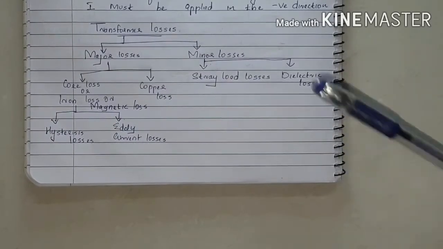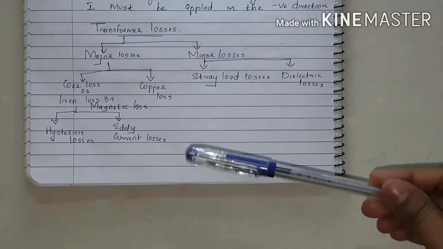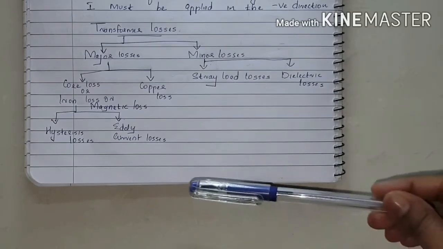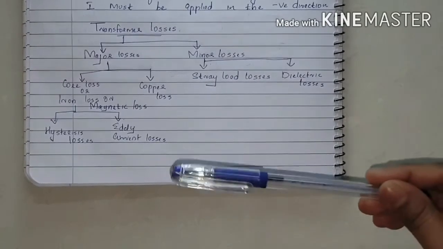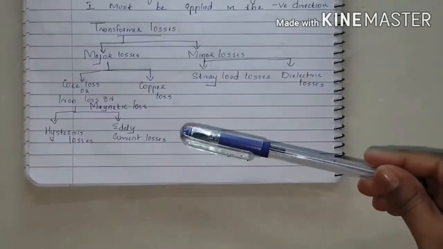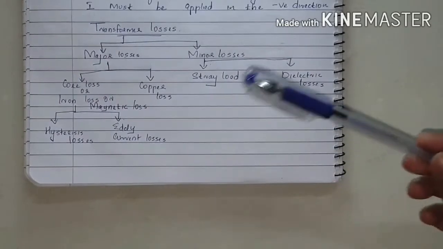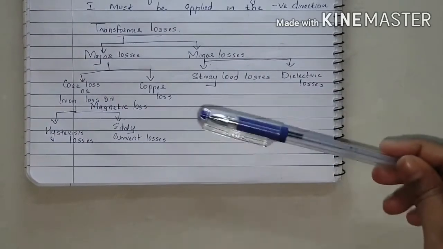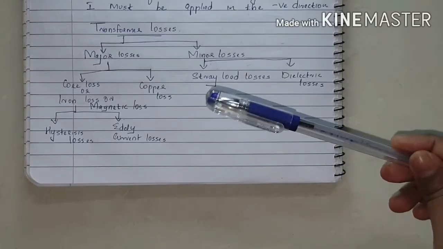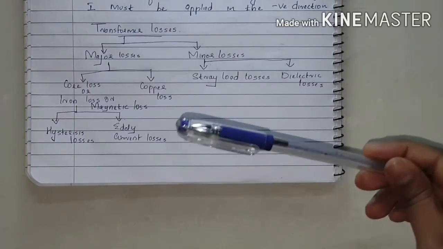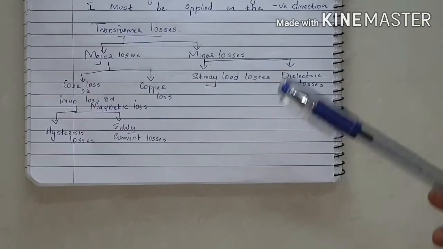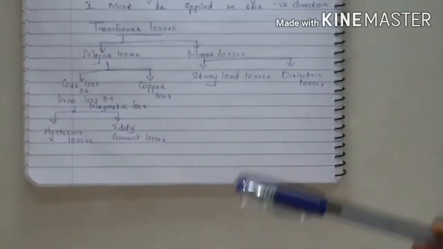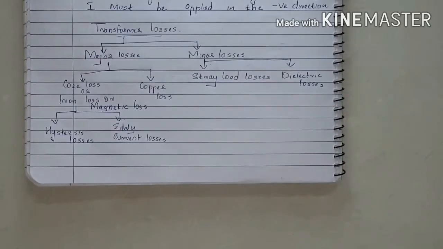Here I used the terms hysteresis loss and eddy current loss. What are hysteresis and eddy current loss? I will give you a brief idea about both losses here. My next video is all about the transformer, so there I will explain both losses in detail. The transformer losses are commonly subdivided into two losses, major loss as well as minor loss.